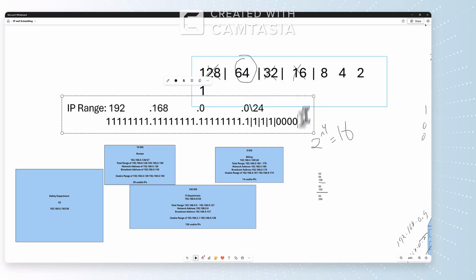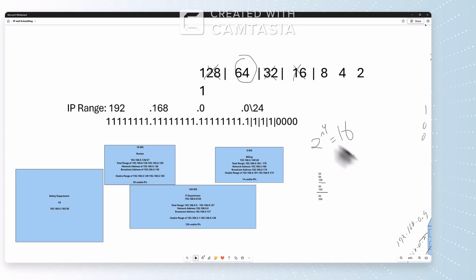So we're still going to count these values. So we're going to go 1, 2, 3, 4, 5, 6. So we're going to change this to be 2 to the power of 6. Let's scribble that out. 2 to the power of 6, which should equal 64.